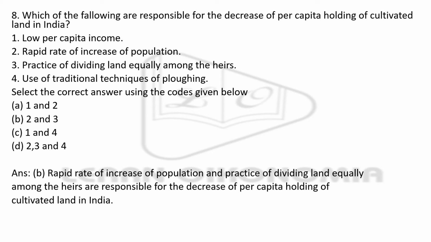The options are 1 and 2, 2 and 3, 1 and 4, 2, 3 and 4. Here the right option is 2 and 3, that is, rapid rate of increase in population, and the third one, practice of dividing land equally among the successors or heirs.